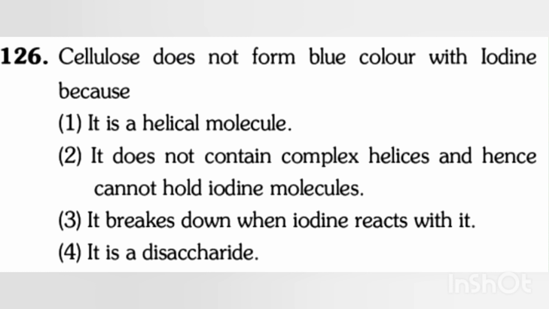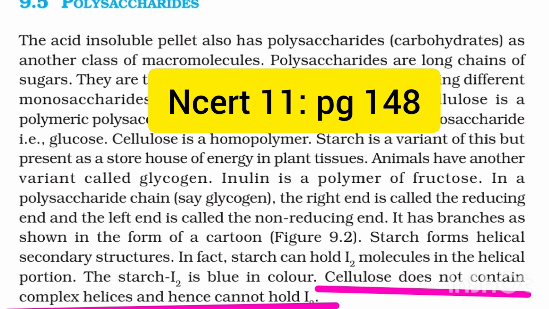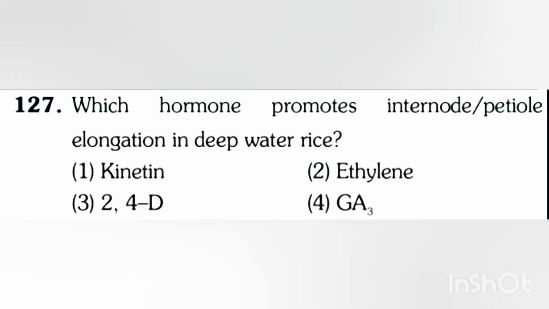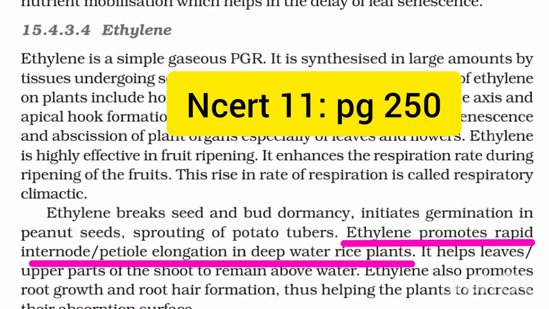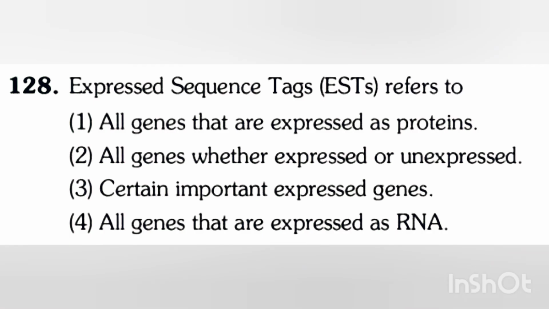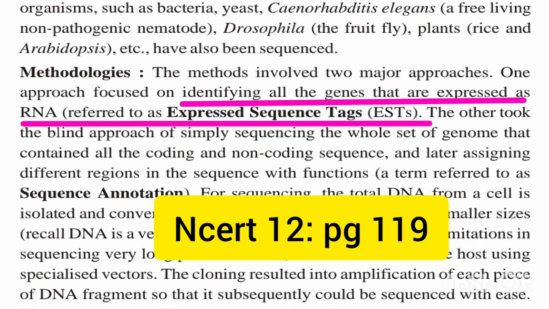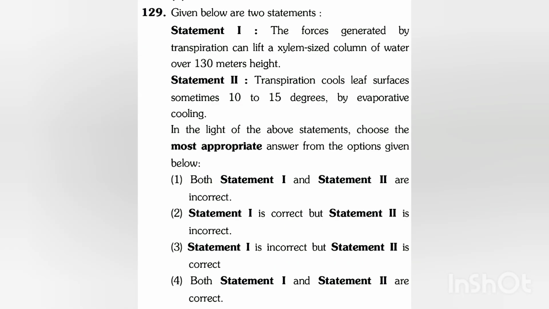Cellulose does not form blue color with iodine because it does not contain complex helices and hence cannot hold iodine molecules. Which hormone promotes internode or petiole elongation in deep water rice? Ethylene. Expressed sequence tag refers to all genes that are expressed as RNA. Given below are two statements.